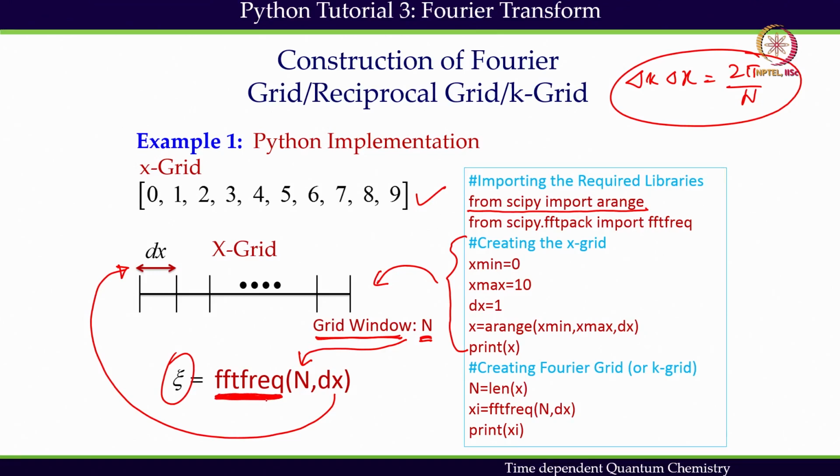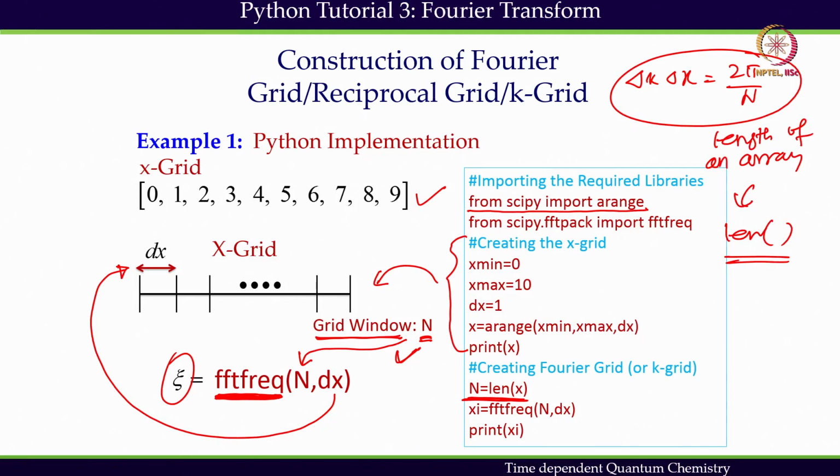The first input is the window size, which we can get by setting n equals len of x. This len functionality gives me the length of an array. Previously we have also used this.